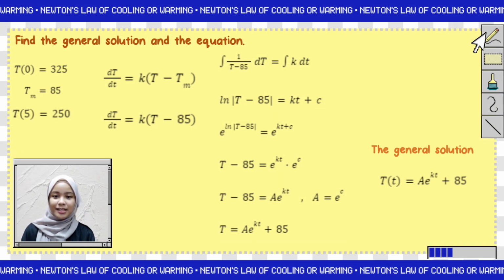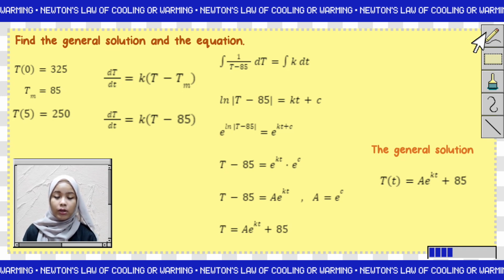Assalamualaikum, my name is REZAAZRINAZAWATI binti Stephen, and I will explain how to get the answers to the questions step by step. Before we can solve both questions, first we must find the general solution and the equation describing the temperature of the pipe. From the question, the first information is T(0) = 325. Second, the temperature of the surrounding object Tm is equal to 85.